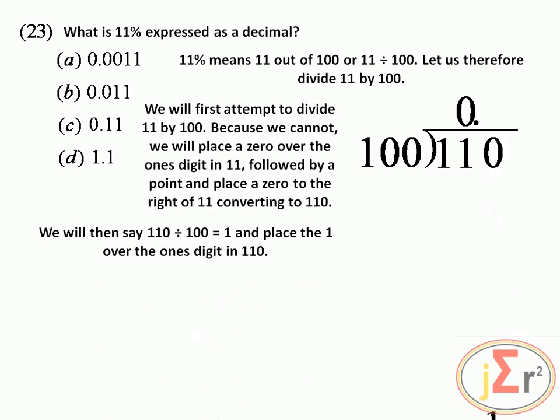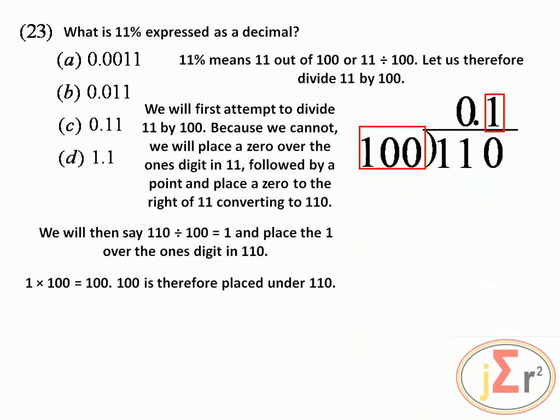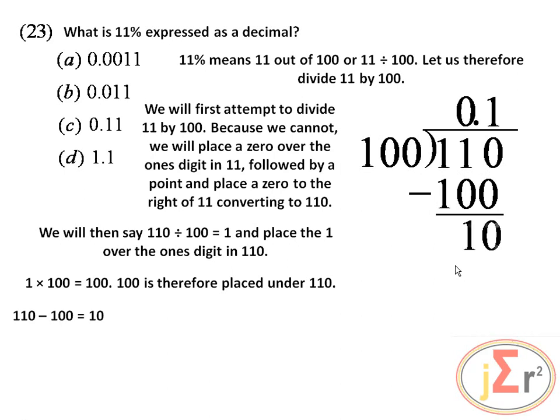Place the 1 over the 1's digit in 110. Then we will proceed to say 1 multiplied by 100, and that will give us 100. 100 is therefore placed below the 110 that we have right there. Then we say 110 minus 100, and that gives 10.